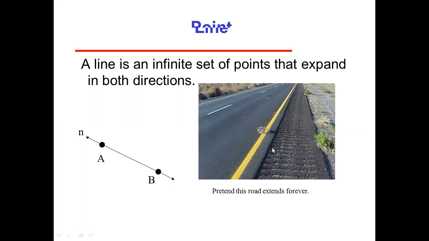One of the best examples is the road, because a road can be extended on both sides. So this is an example of a road as a line. We can say that the road is the best example of the line. And we cut a portion, and this is called the segment. So AB here is a segment.